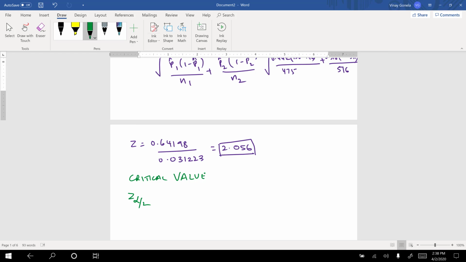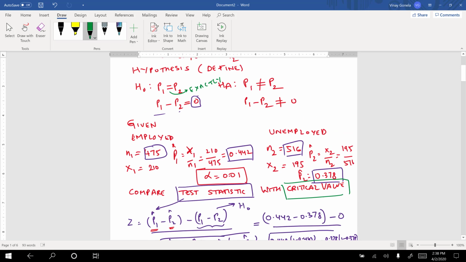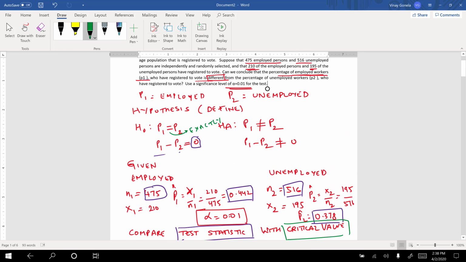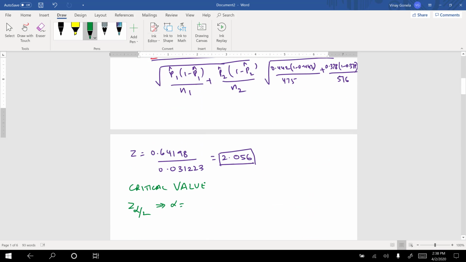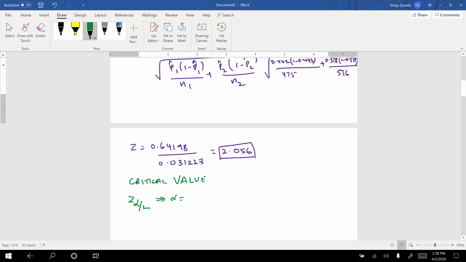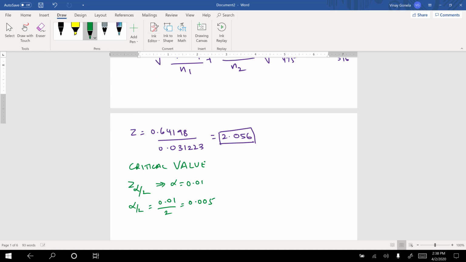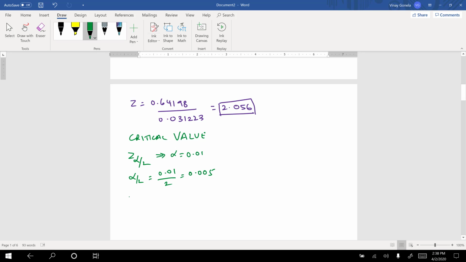Our alpha is given as 0.01, so alpha over 2 is 0.01 over 2, that is 0.005. So we are looking for the z value at 0.005.